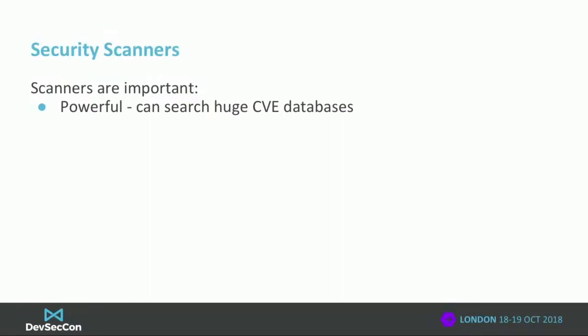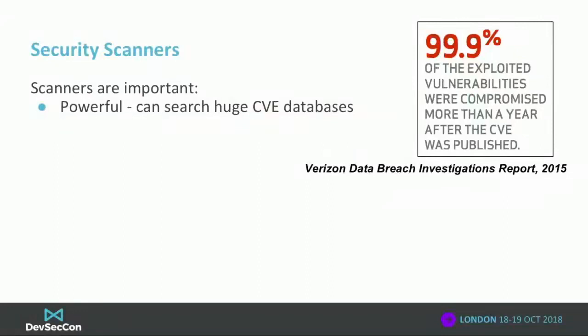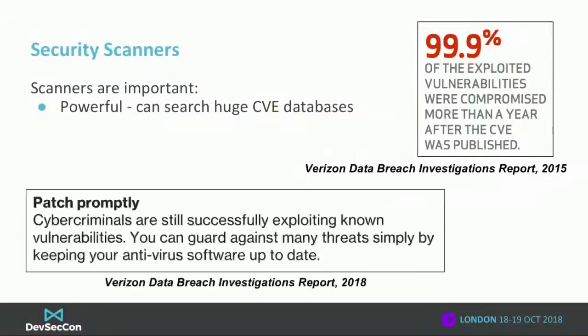Every year, Verizon does a big analysis of lots of breaches, and they collect a lot of metrics on how they happened. In 2015, their statistic was that 99.9% of exploited vulnerabilities were from CVEs that were out for about a year before the actual exploit. So just by cleaning up your stack from CVEs you should probably prevent a lot of possible attacks.